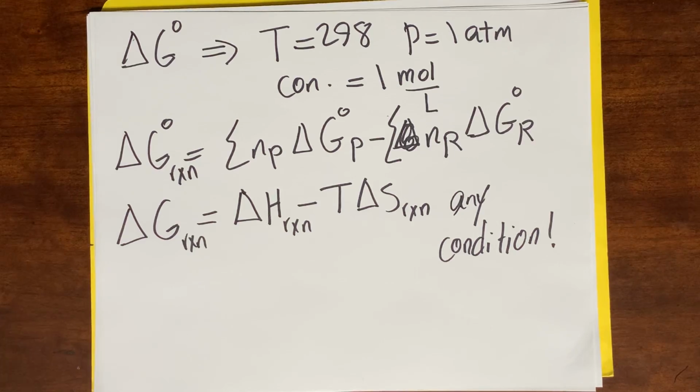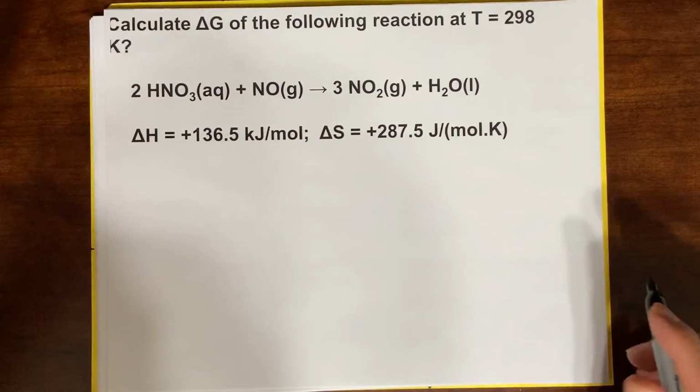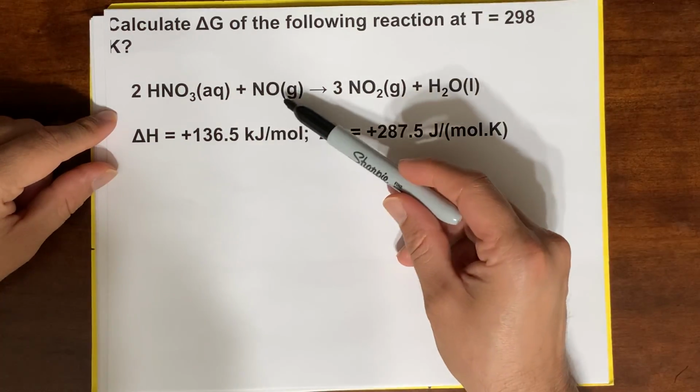So let's close the discussion with 2 examples. First example, we have 2 moles of nitric acid. We add NO in the gas phase.